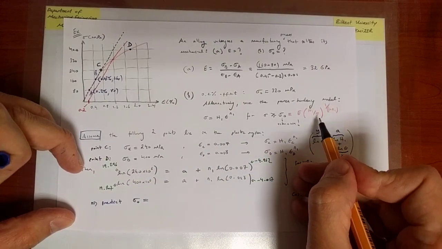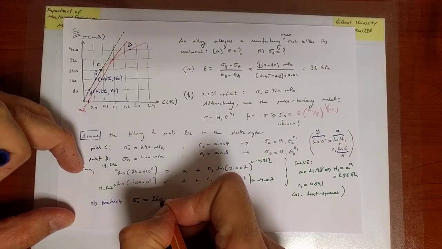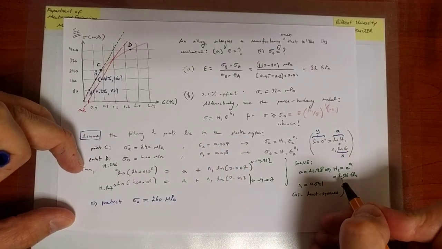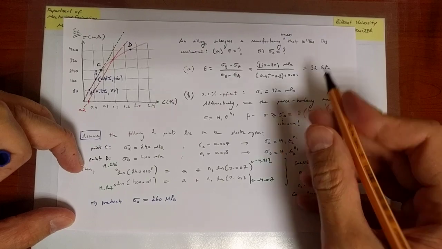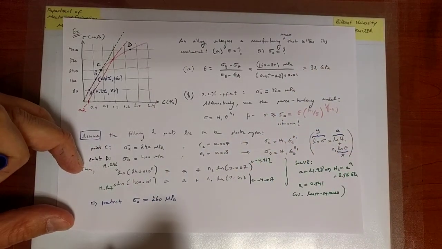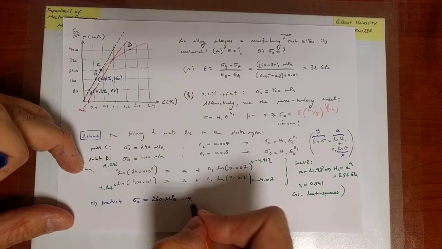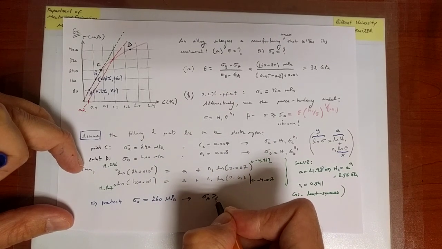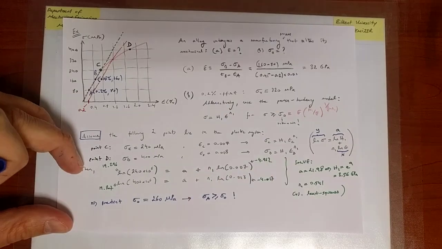That relation tells us that sigma naught is 260 MPa. I get that by plugging H1 and N1 together with E into that equation. I get 260 MPa. And I notice now that sigma C is larger than sigma naught.